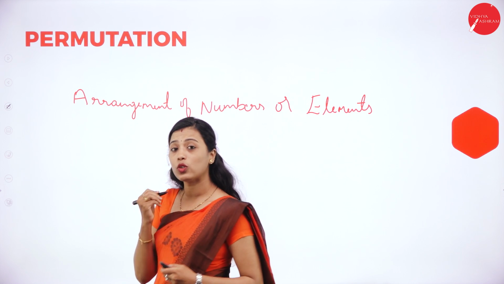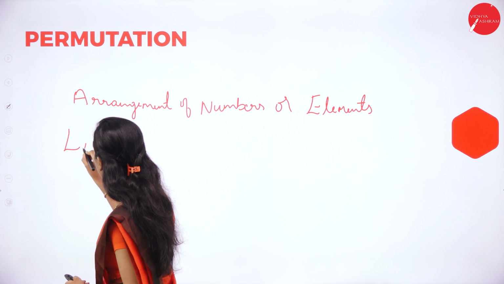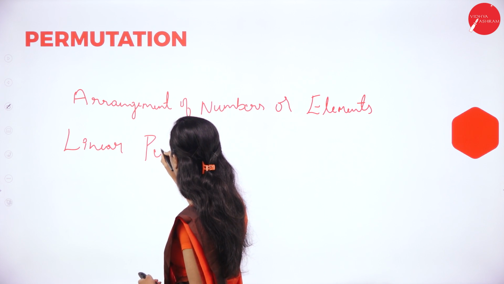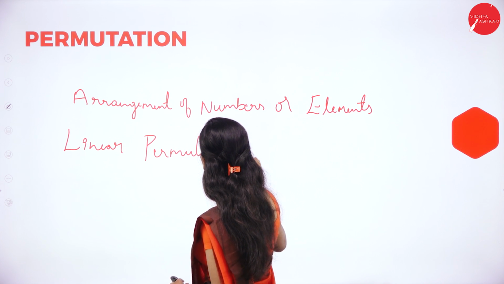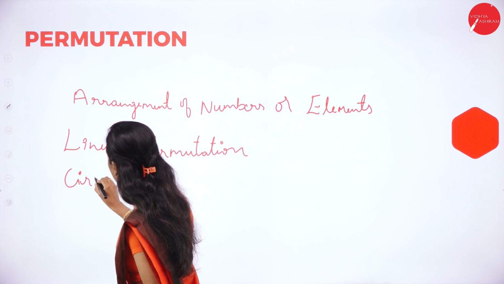There are 2 types of permutation: linear permutation and circular permutation.